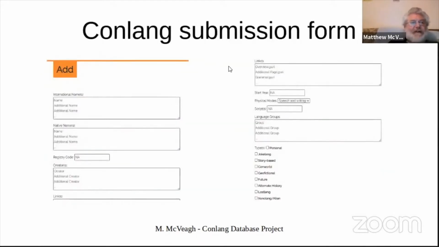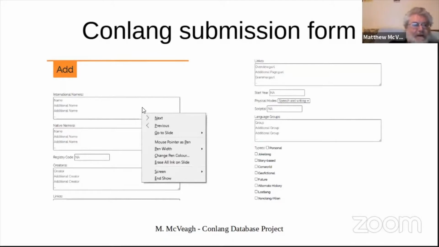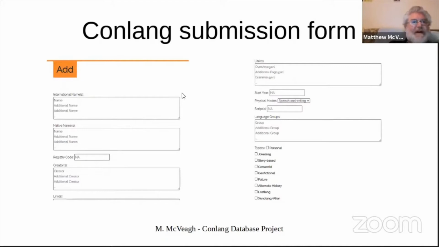So first, looking at the conlang submission form. I don't know if you can actually see that, unless I increase the magnification. But basically, you've got some screenshots here of the submission form as it stands. So you can see international names, the name in English or whatever, name in itself, native name, registry code, creators, and so on.